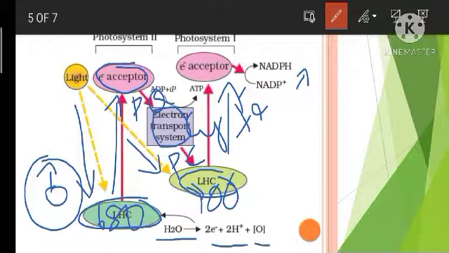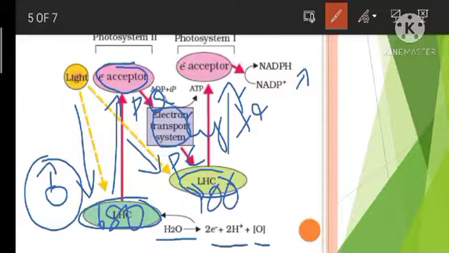When two molecules of water are split, it leads to the formation of electrons, hydrogen ions plus 2 atoms of oxygen, and these 2 atoms of oxygen combine together to form an oxygen molecule, and a byproduct of photosynthesis, that is oxygen gas, will be released out.